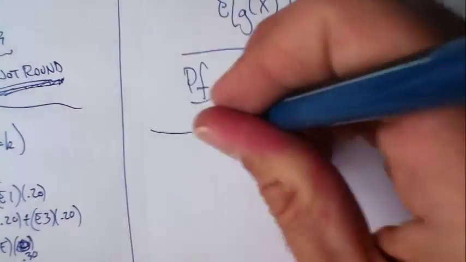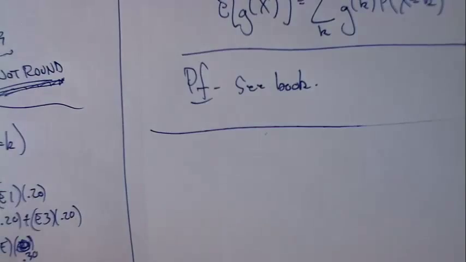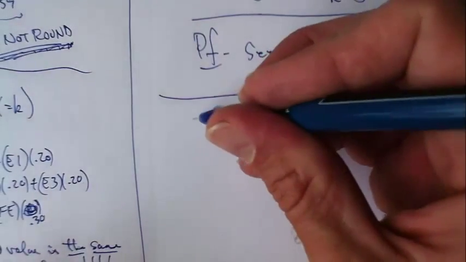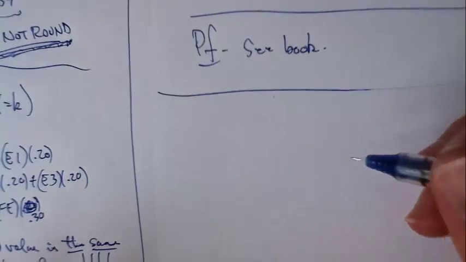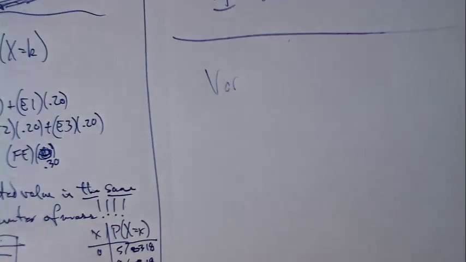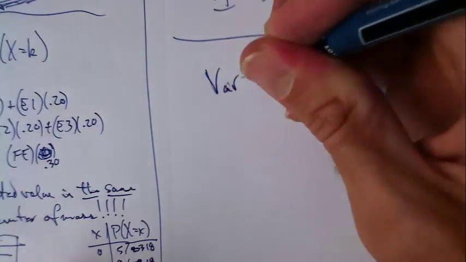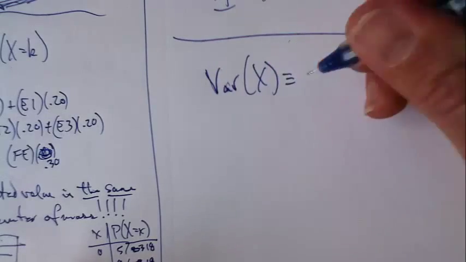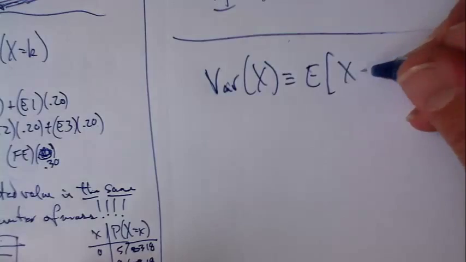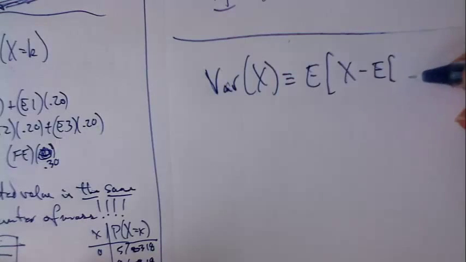Next thing we want to define is the variance. If X is a random variable, then the variance of X is defined to be the expected value of that random variable minus its mean, quantity squared.